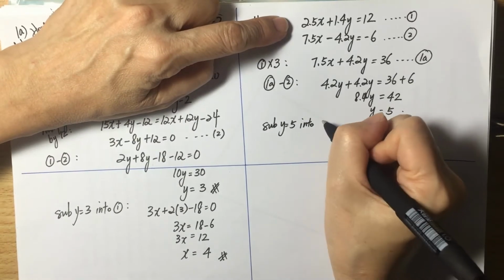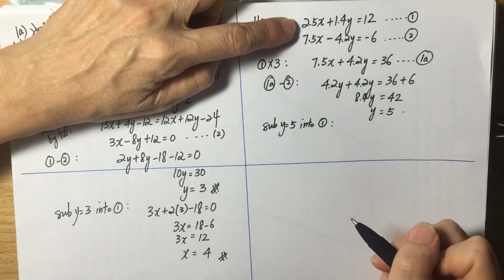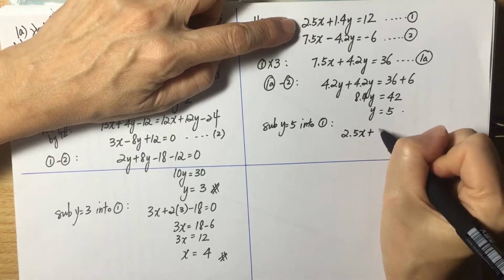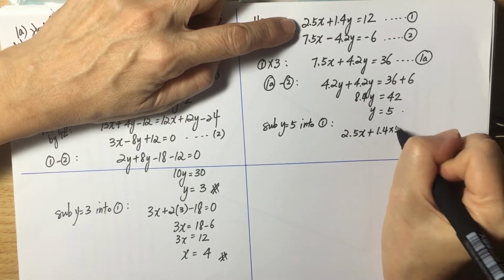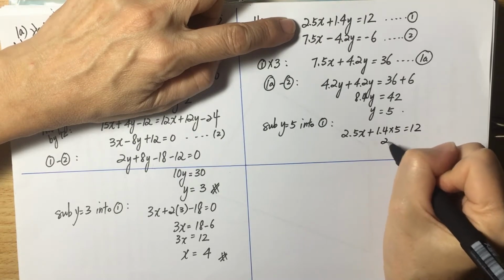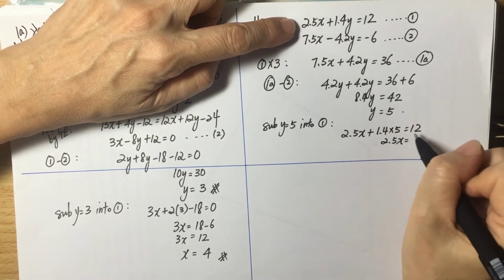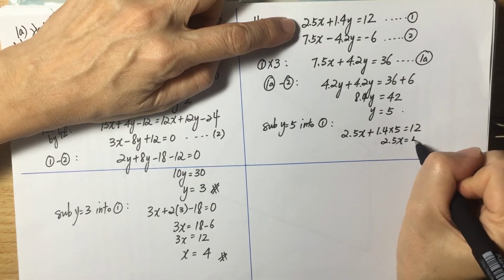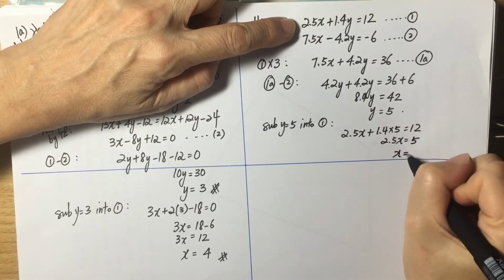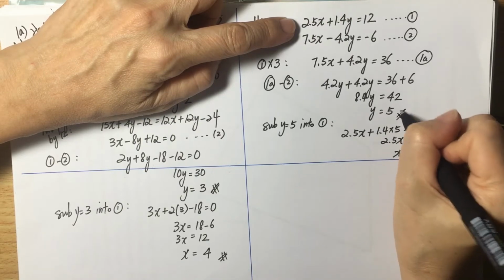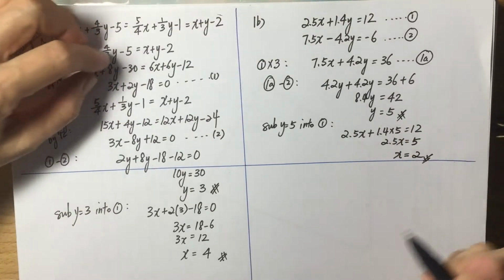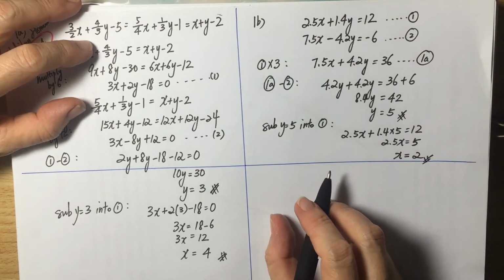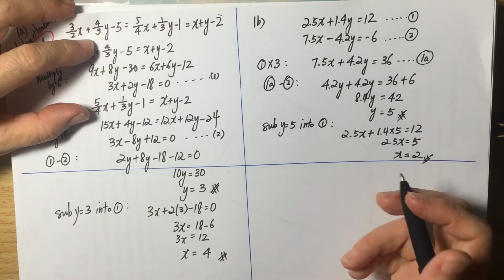Maybe I should try equation 1 because it's probably the simplest. So 2.5x plus 1.4 times 5 equals to 12. So 2.5x plus 7 equals 12. So 12 minus 7 is a 5. So x will be equals to 2. So y is 5, x is 2. You can do substitution into the equation and see whether it satisfies the equation.